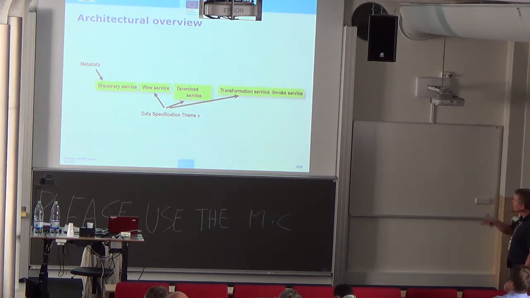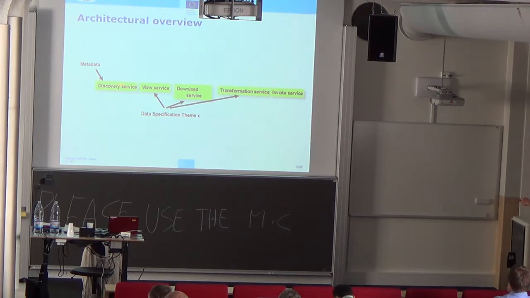A little bit from the architectural point of view, just as an overview. You know from today's sessions already that in Inspire we have different types of network services, starting from discovery service, view service, download, transformation, and invoke services.